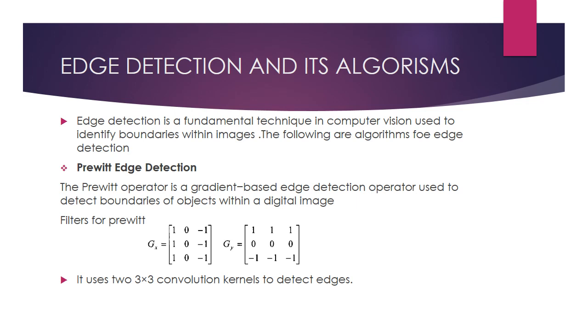It uses two kernels, the X and the Y. It uses 3 by 3 convolutional kernels to detect edges in images. You can see the GX will detect edges in the vertical direction, then the GY in the horizontal direction. That's the Prewitt edge detector.